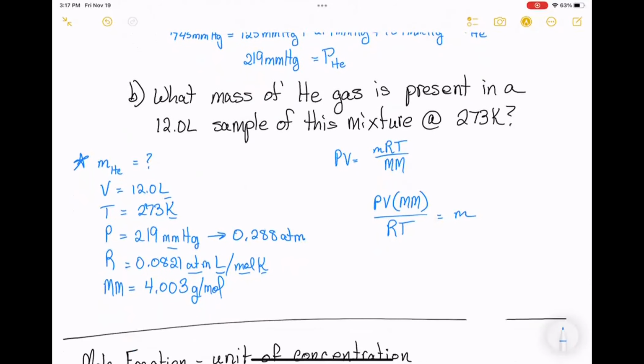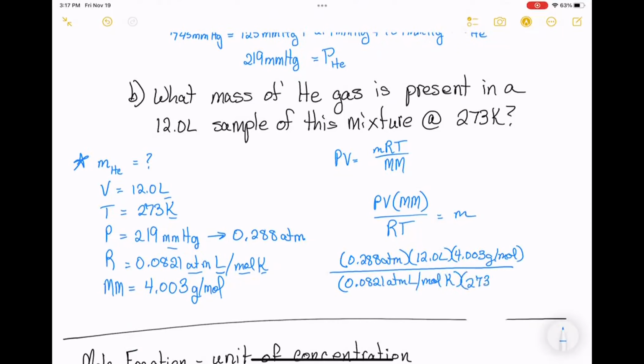Now I'm ready to plug all this in. So pressure is 0.288 atmospheres times the volume, which was 12.0 liters, times the molar mass of 4.003 grams per mole, divided by R, which is 0.0821 atmosphere liters per mole Kelvin, times the temperature of 273 Kelvin, and that will give me my mass.